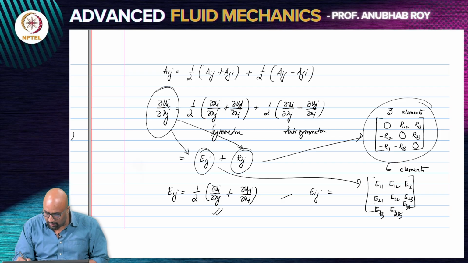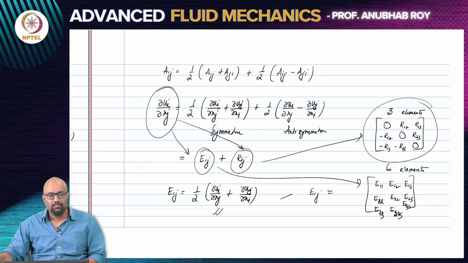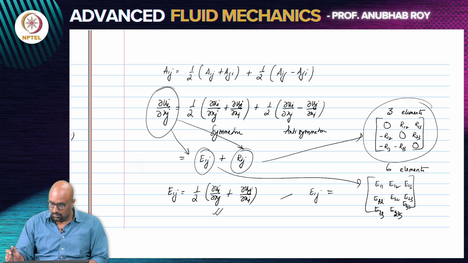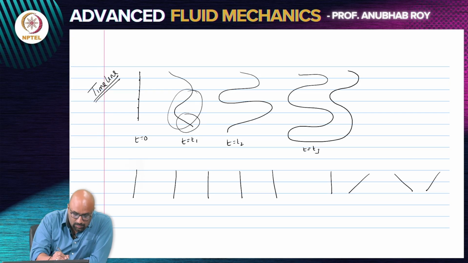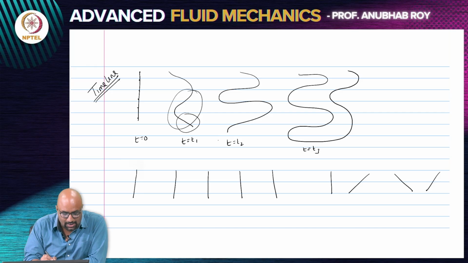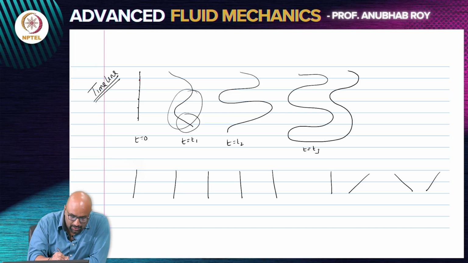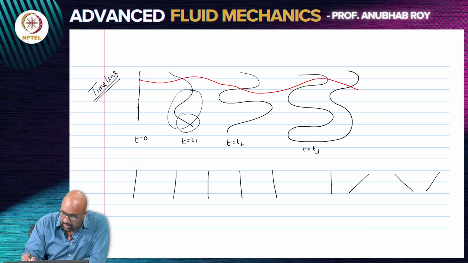Yeah, so E21 will be E12, you are right, they are equal. So, path line, if you think in terms of this particular problem, if you do a path line for this problem, let us put a label for a particular point.